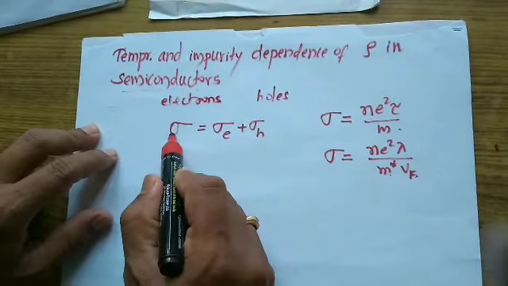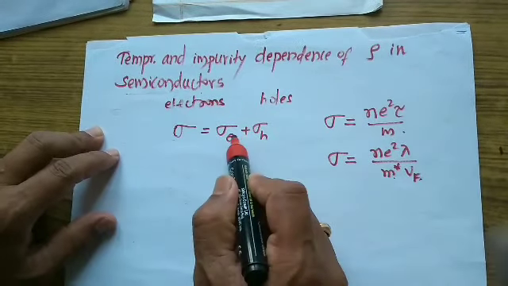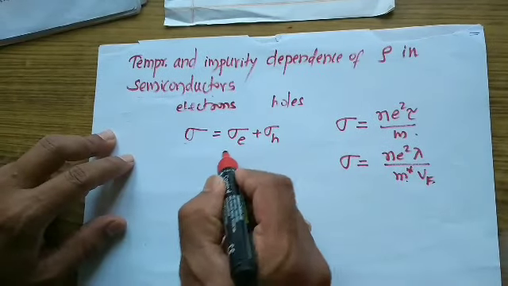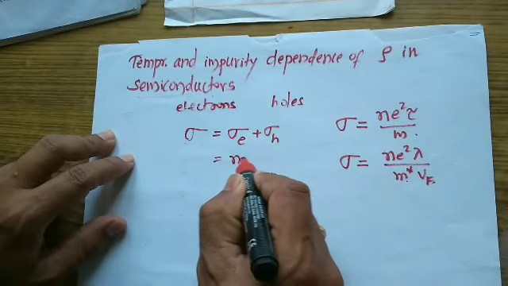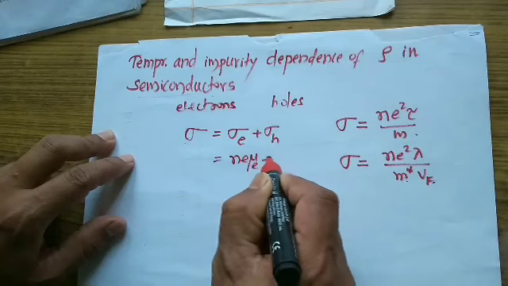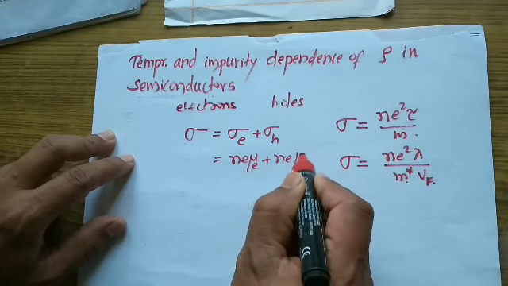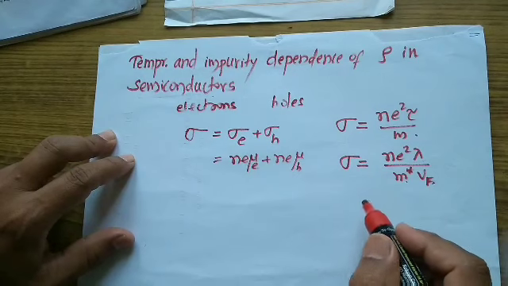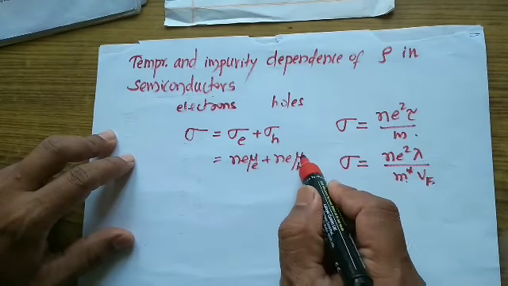So the electrical conductivity is the sum of the conductivity due to electrons and due to holes. This can also be written as Ne mu E plus Ne mu H, where mu is the mobility of electrons, mobility of holes.